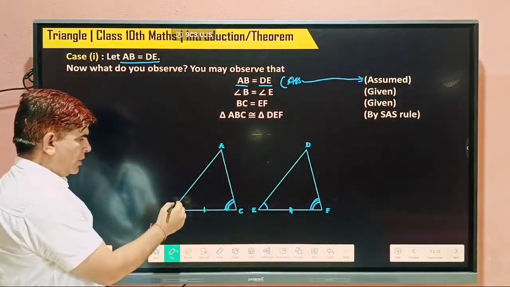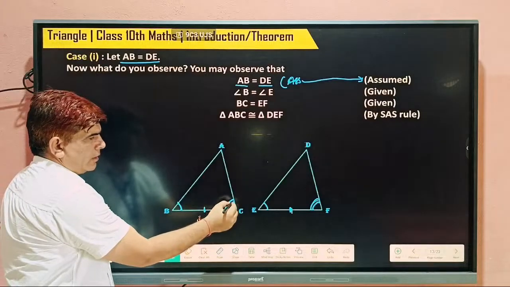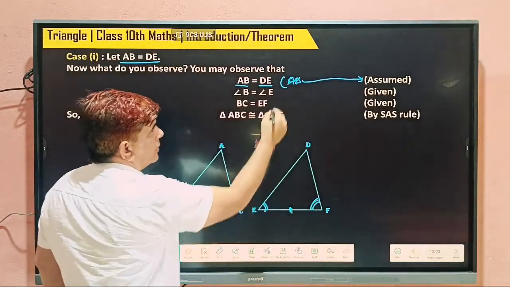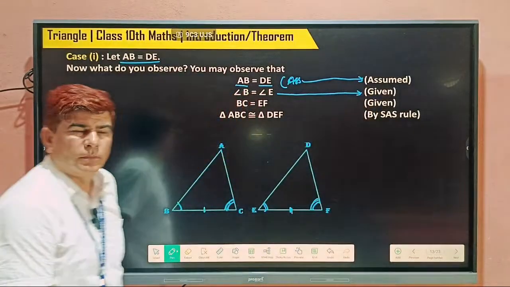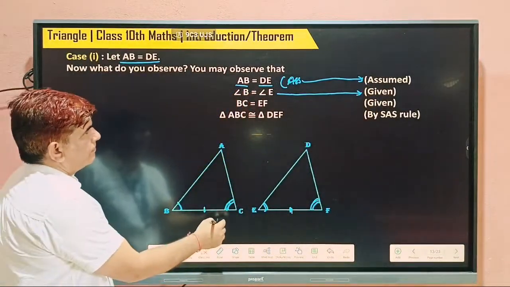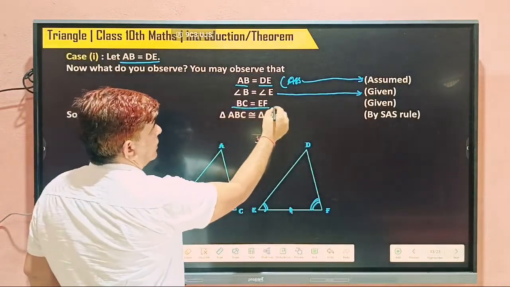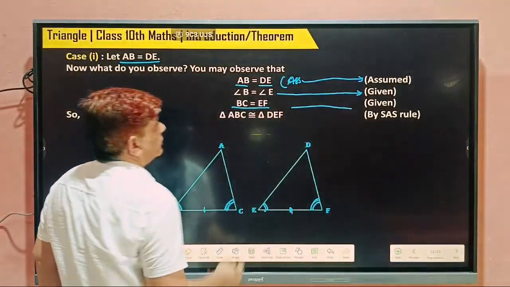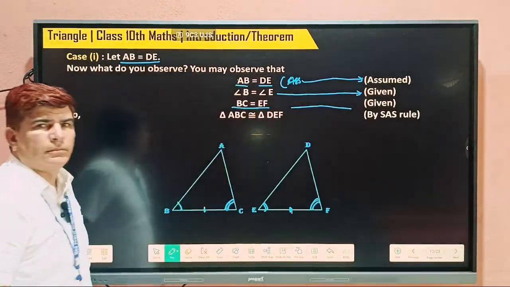Angle B, this angle, is equal to angle E. This is given. BC, this BC equal to EF, this is also given. So side, angle, side.